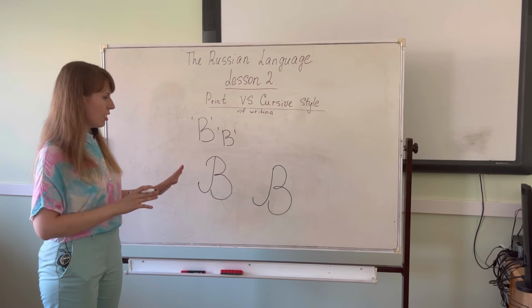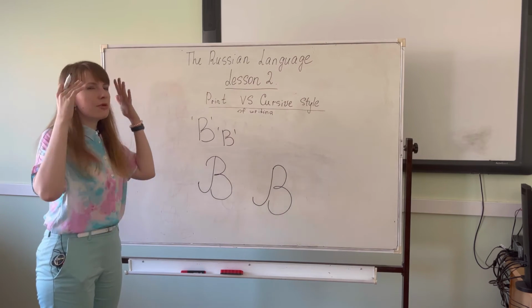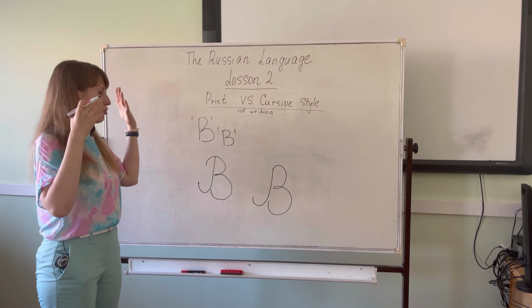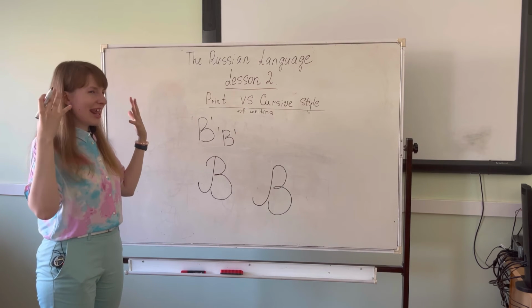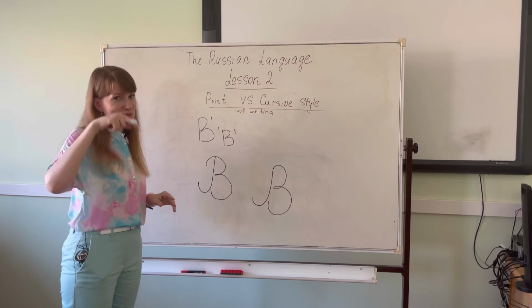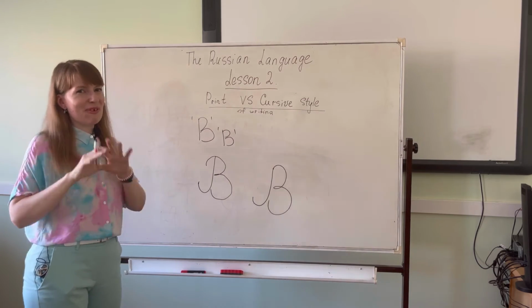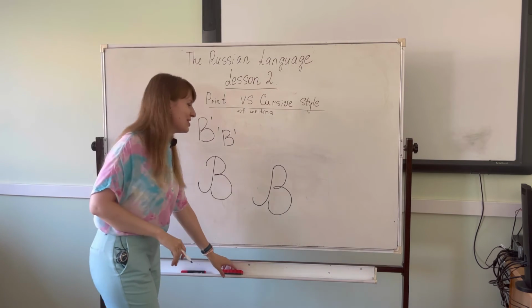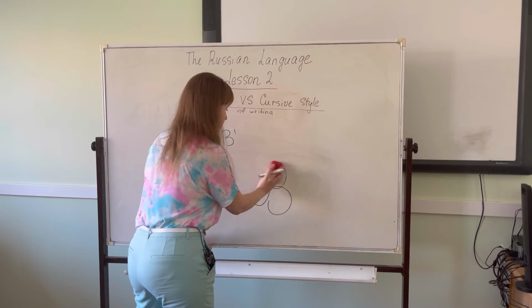Okay, so you can use your imagination, please. Try to create some nicknames for these letters. It will be very funny, and you can leave some comments with some nicknames for all the letters. It will be great to see.